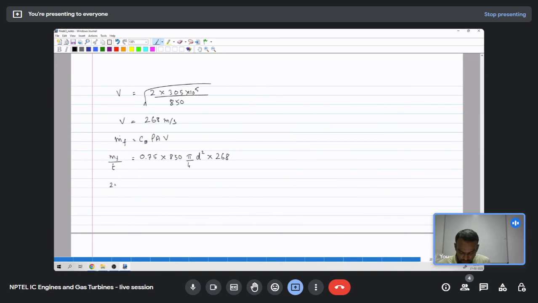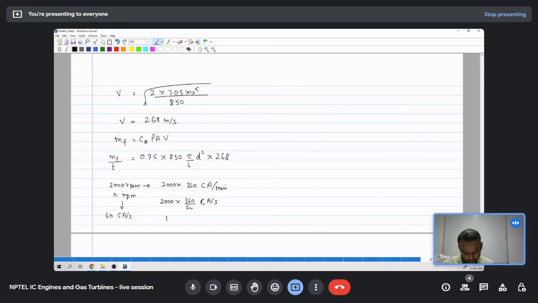So 2000 rpm means there will be 2000 into 360 crank angles per minute, or 2000 into 360 by 60 crank angles per second. In principle we can write it as 6n crank angles per second, for n rpm.